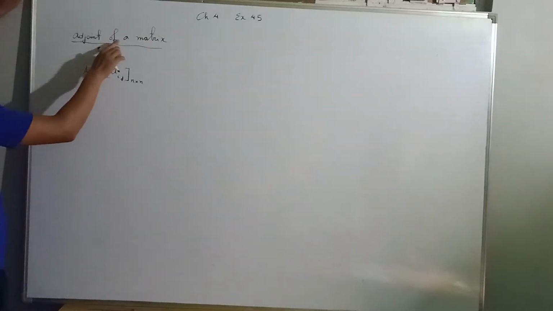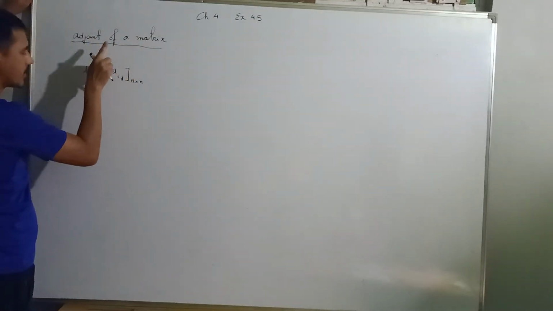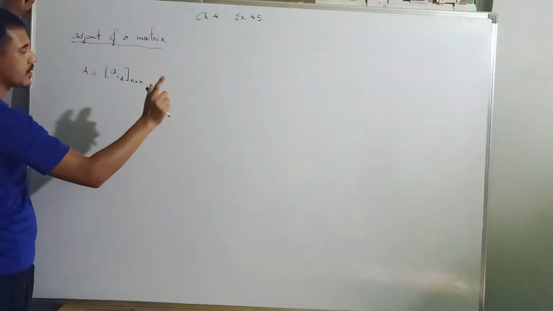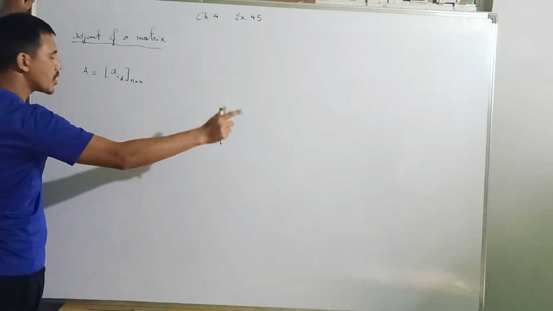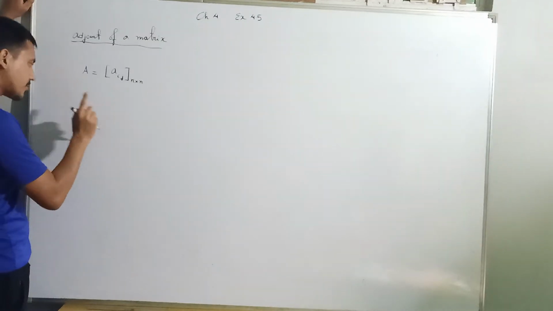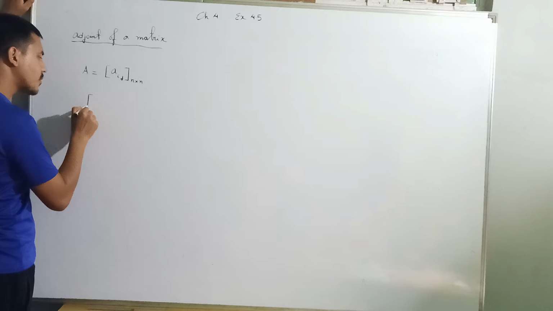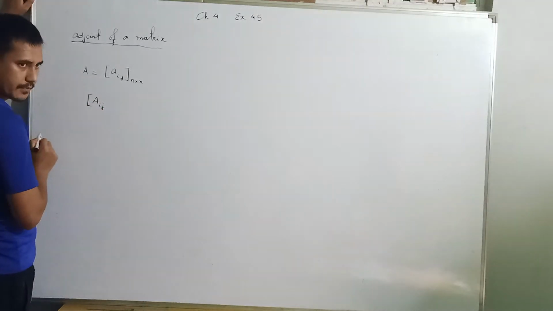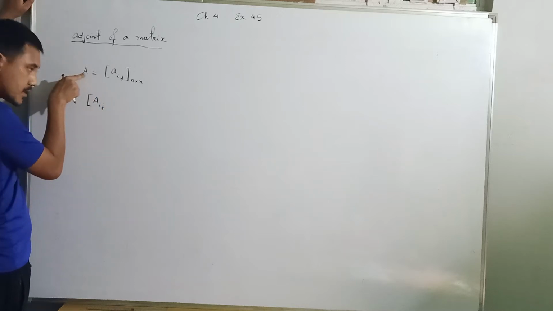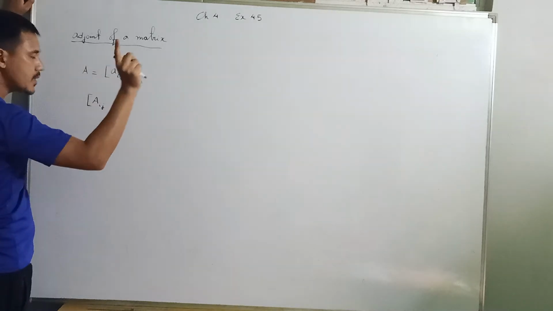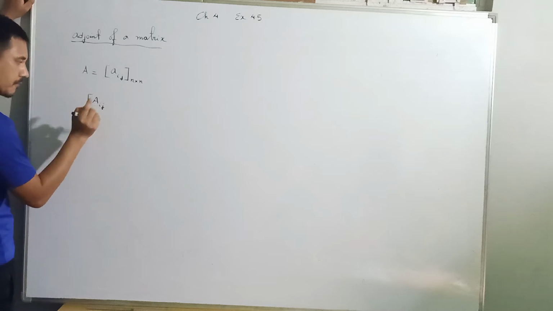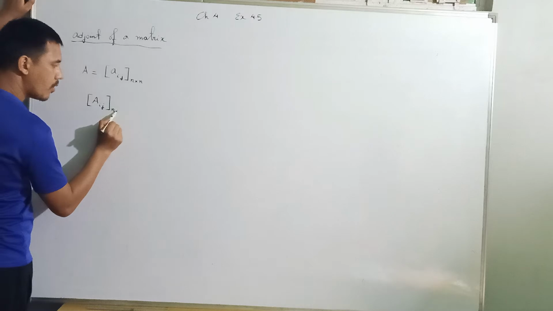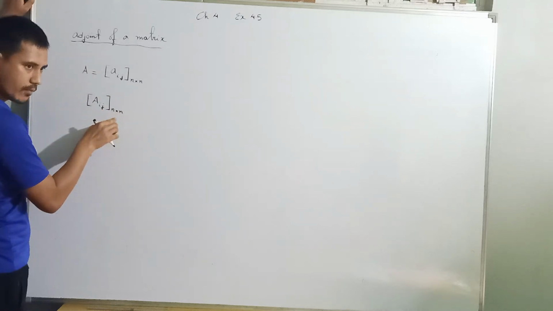Now, the adjoint of this matrix A is the transpose of the matrix Aij. Now, the adjoint of this matrix is the transpose of this matrix capital Aij of order n, same order.